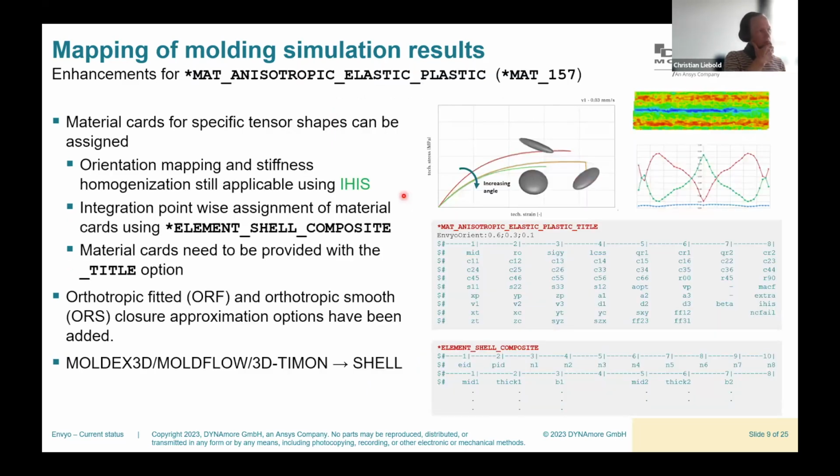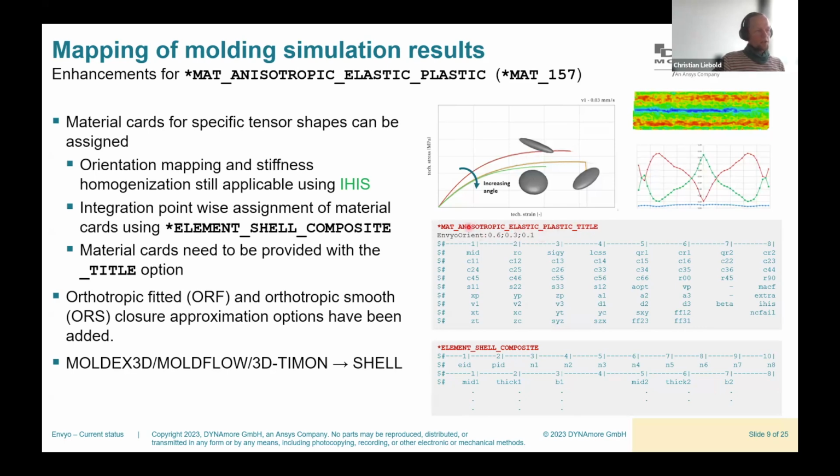As I said earlier, we've also been enhancing MAT 157 towards the assignment of specific material cards. So if you have, let's say, a database of material cards with specific properties, that can be MAT anisotropic elastic plastic, but it can also be any other kind of material, basically, which provides through the MAT anisotropic elastic title keyword some ENVYO orientation information.